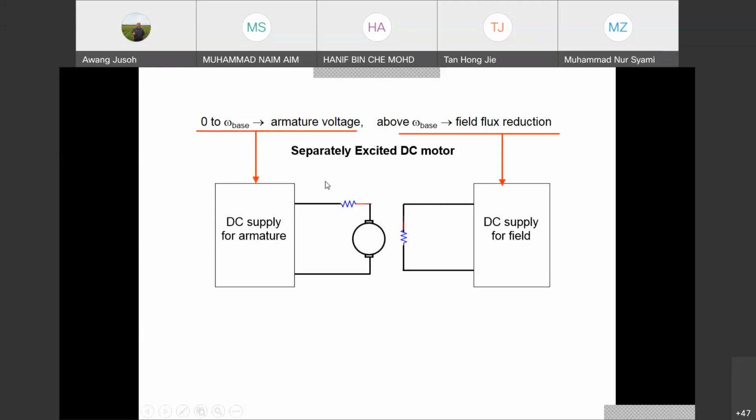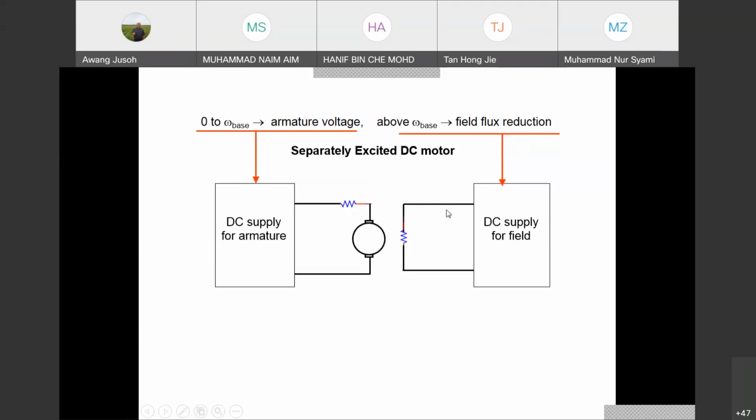Similar to what we did before: in order to drive the system from 0 to rated speed, we change this voltage, the terminal voltage supply, but at that time we maintain flux at rated condition. That means when you change IA, the flux won't change.